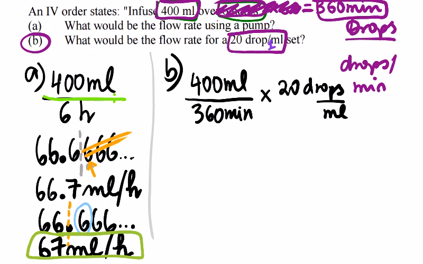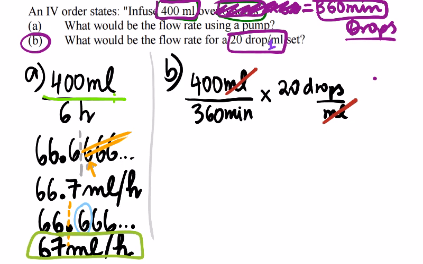You see, I'm putting all units in because I would like you to have a check and see why the final answer comes out in drops per minute. So what will happen here? Just like cancelling or simplifying fractions, the mil on the top with the mil on the bottom disappear.